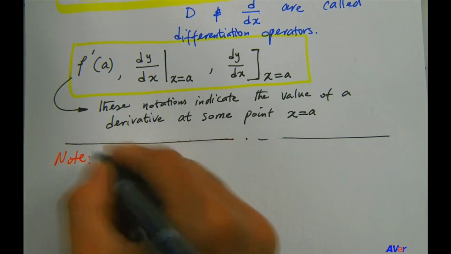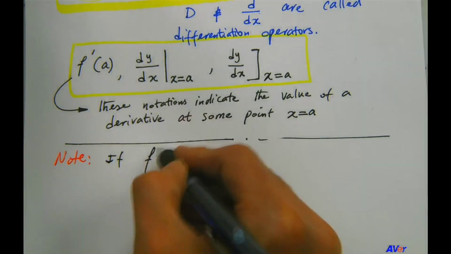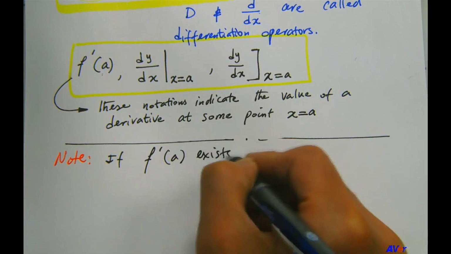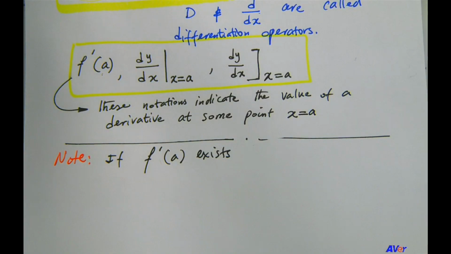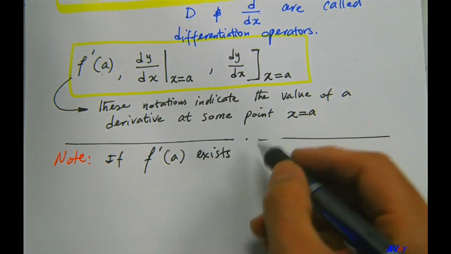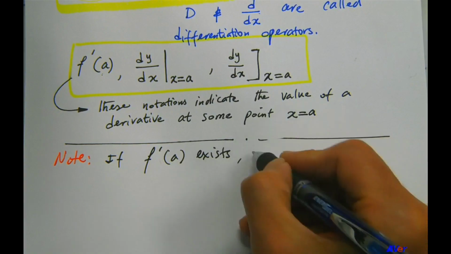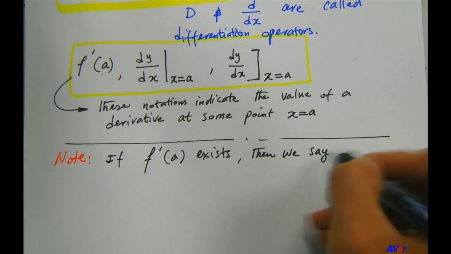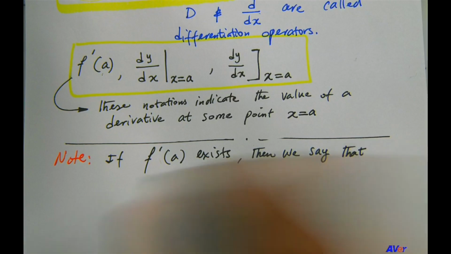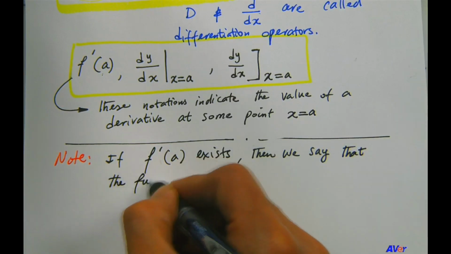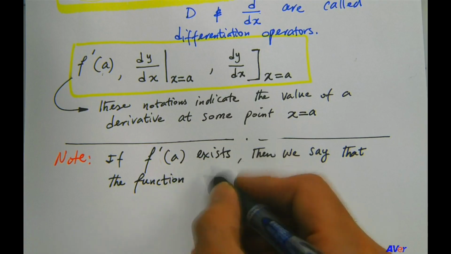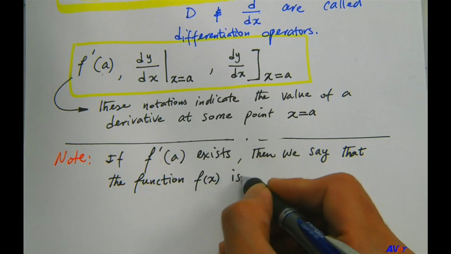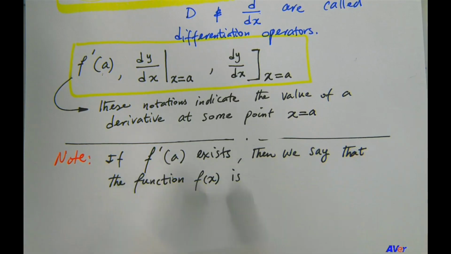So note that if f prime a, if that quantity exists, not that it would be undefined, but if it exists, then we say that the function f of x is differentiable at a.